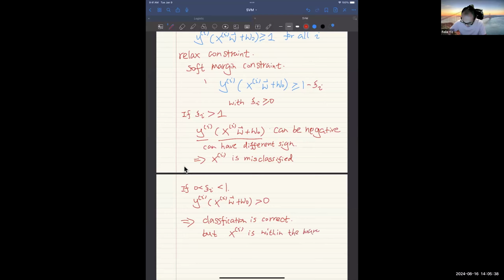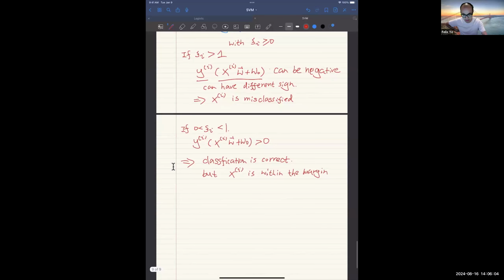Previously we assumed the margin crosses the support vectors, and there would be no point within the margin because that's the hard margin problem. If we allow xi to be between 0 and 1, this point could still be correctly classified, but it will be within the two margin lines.